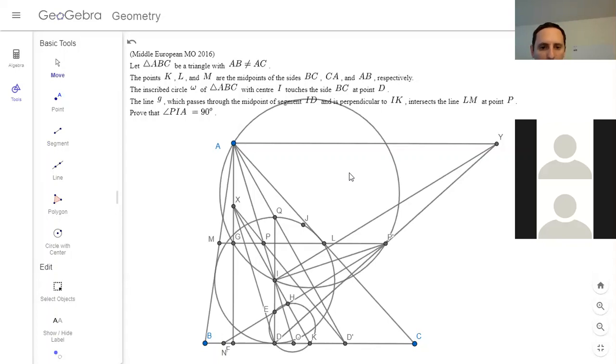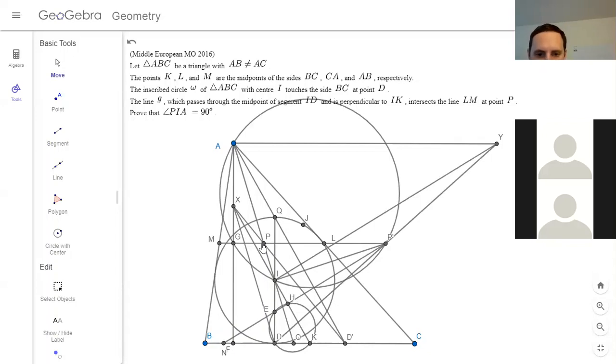Okay, so maybe we could do an angle chase. So first of all, we want to show the pointy angles are equal. So we want to show PD'D is P'DI.